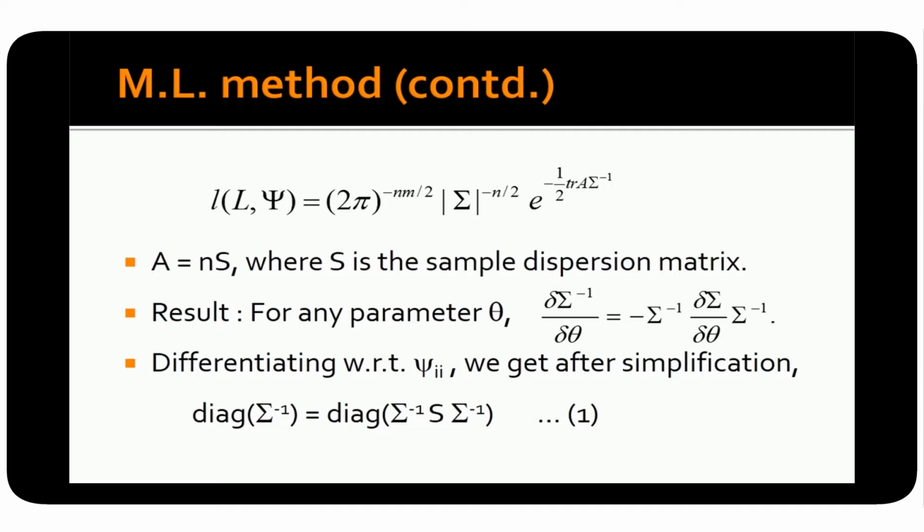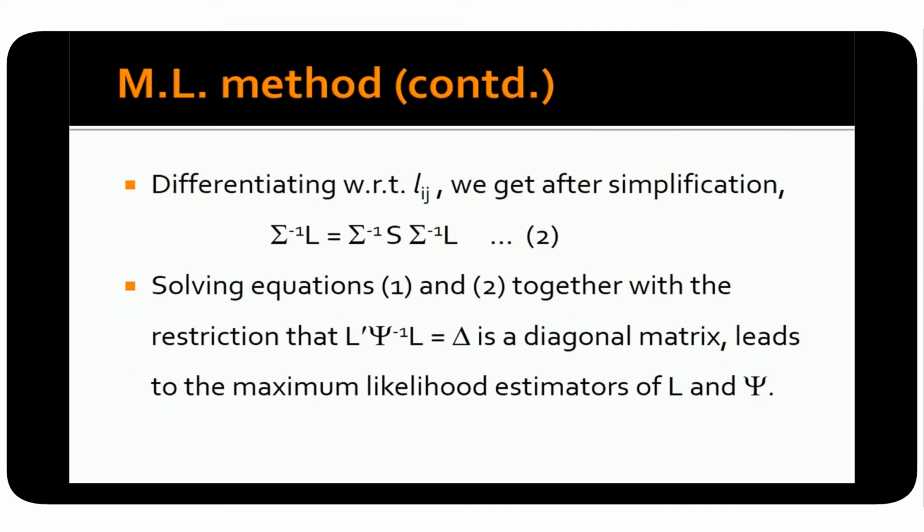and if we take the derivative with respect to psi ii, it leads us to diagonal of sigma inverse is equal to diagonal of sigma inverse S sigma inverse. So that is the first set of equations that we have. Now suppose we want to do the derivative with respect to the other parameters. What are the other parameters?